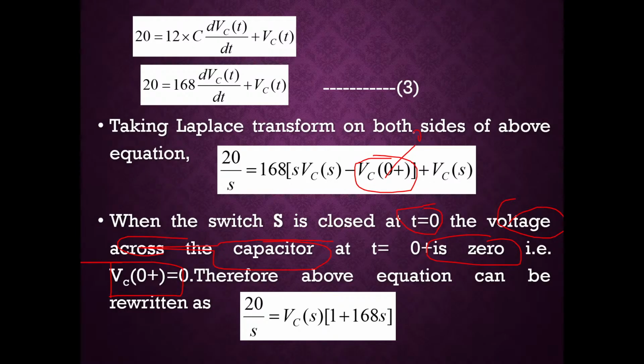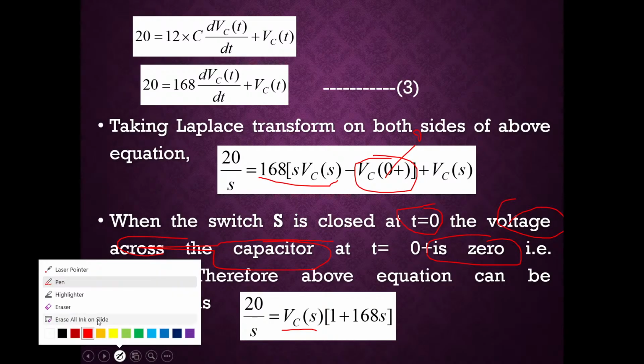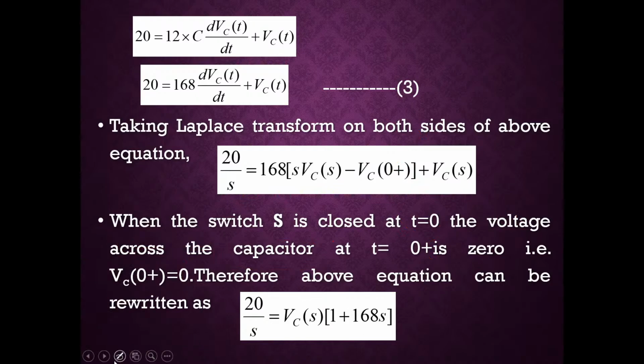What is left over? 20 by s equals 168 s Vc(s) plus Vc(s). If you take Vc(s) common, you will get 1 plus 168s. So 20 by s equals Vc(s) into 1 plus 168s.